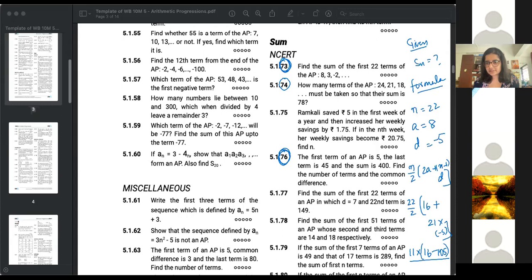Question number 76. Mansi, whatever you sent is correct. Puneet correct. Tanusha correct. Neil correct. Aditya, you need to send me two things: find the number of terms and the common difference. Abhishek correct. That is correct.